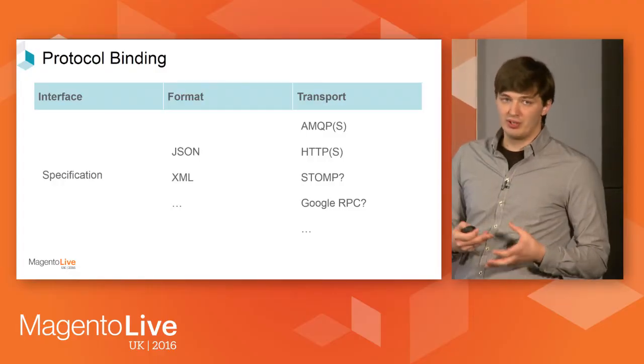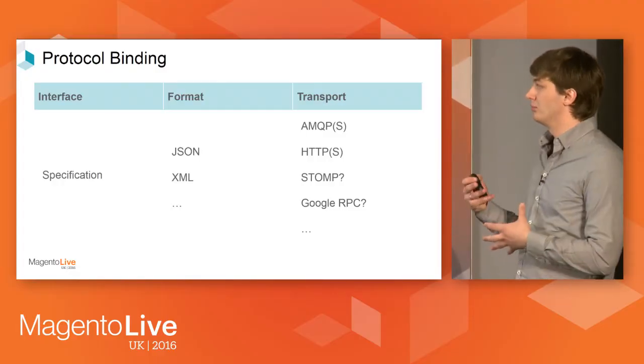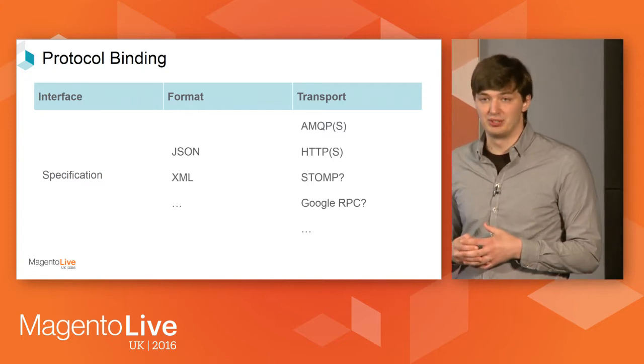So specification really defines those are the things you can do. It's like documentation, but machine-friendly. It stays completely abstract about there is this protocol, that protocol, you should use an HTTP header, or you should send this metadata, or, I don't know, an AMQP property. To actually know how to perform a request, you have bindings to the transport protocol and the format.